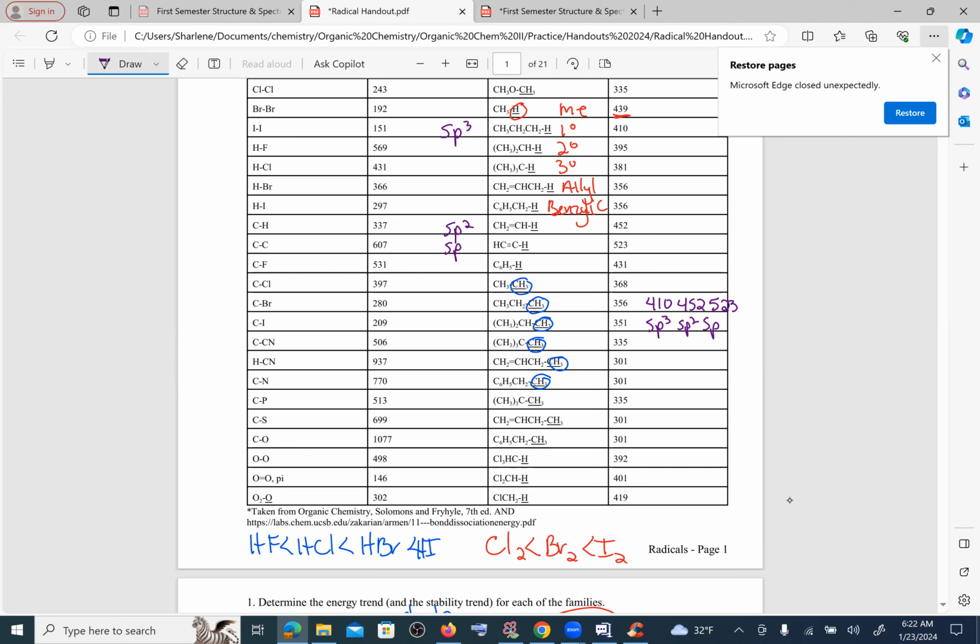Very interesting trend, because for carbocations, the more s character you had, the more stable. But I'm not trying to stabilize a charge here. I'm trying to stabilize a radical. So in this case, sp3 is more stable than sp2, which is more stable than sp.